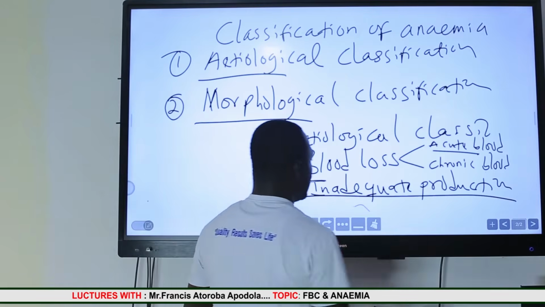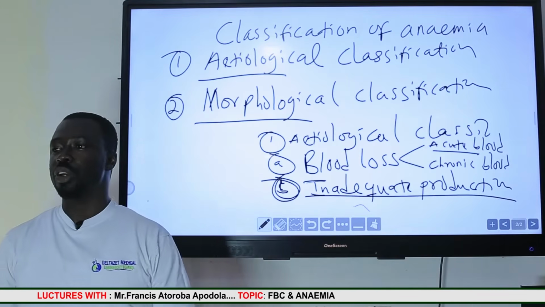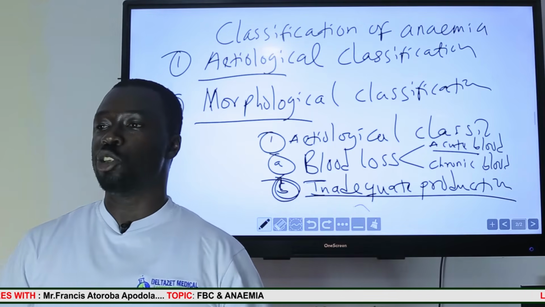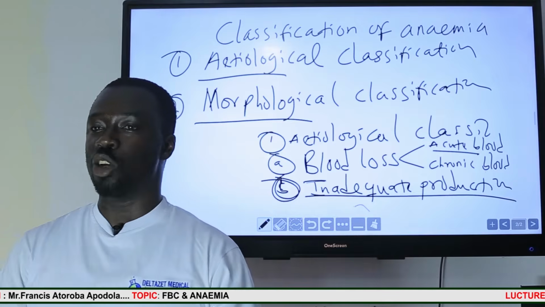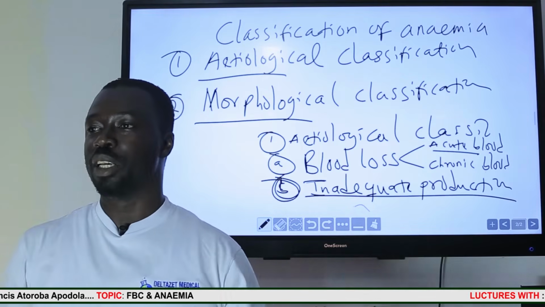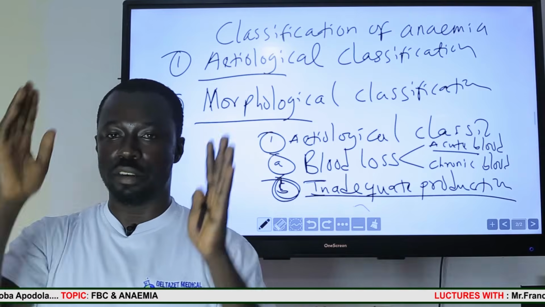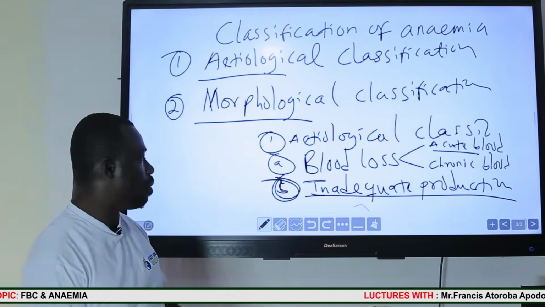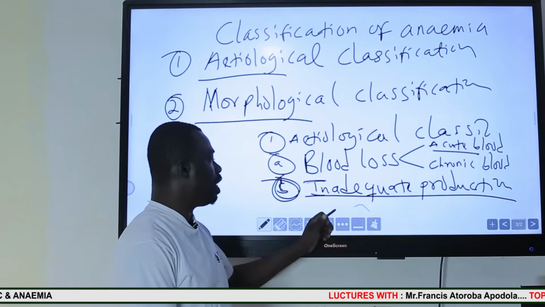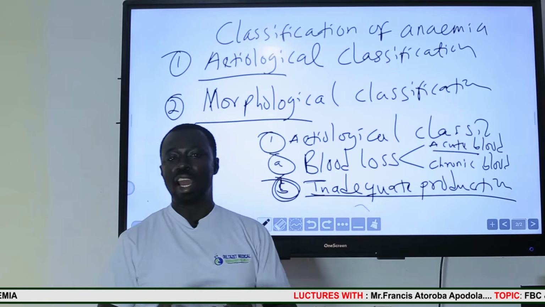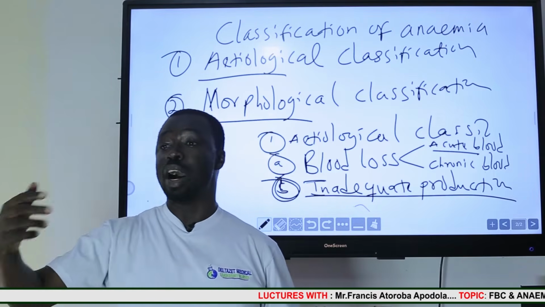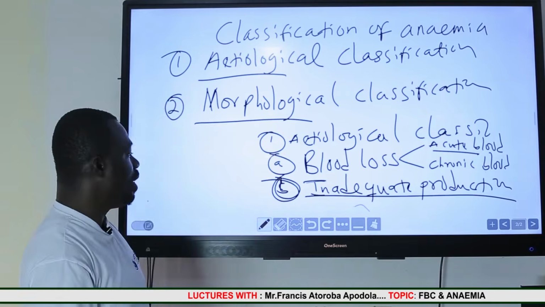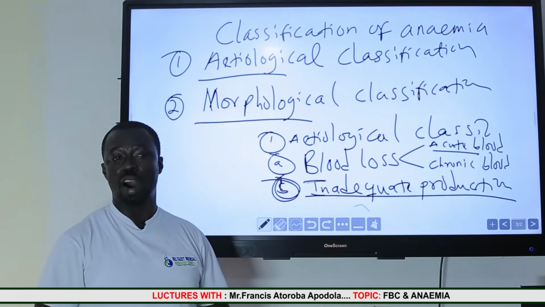And the inadequate production, we know that blood cells are actually produced from the bone marrow. And so, is it the case that your bone marrow is having a problem? Because the production center of the red blood cells is the bone marrow. And so we can query the bone marrow if there is a bone marrow disorder. So inadequate production can occur as a result of bone marrow failure. When there is a bone marrow failure, there can be a decreased production of the RBCs.